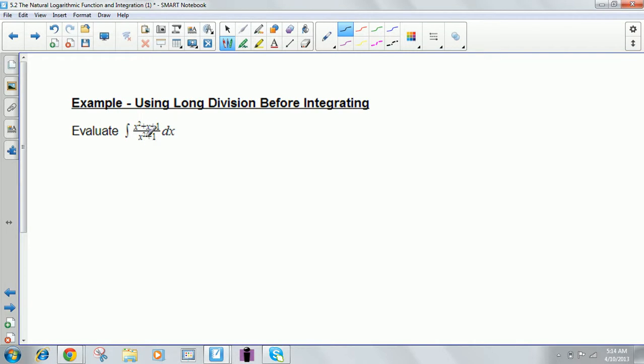So you notice, in order for any of this to work, your denominator has to be of a higher degree than your numerator. In this case they're the same. So let's go ahead and quickly rewrite it by dividing. You're going to divide the bottom into the top.